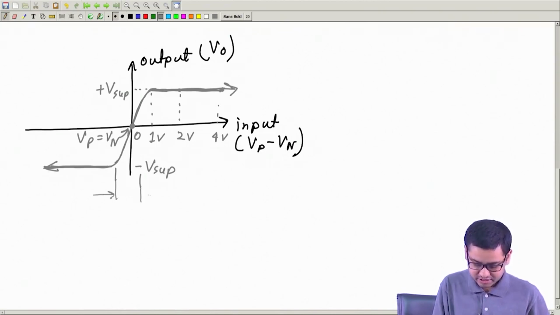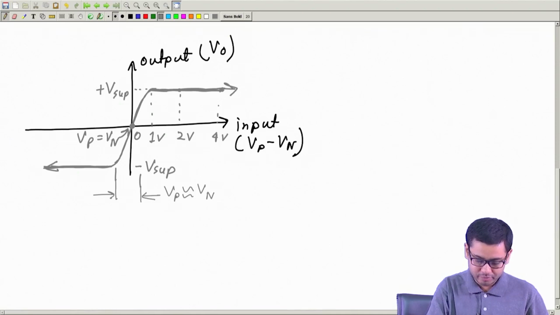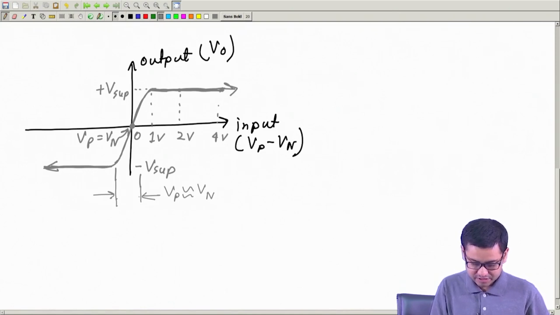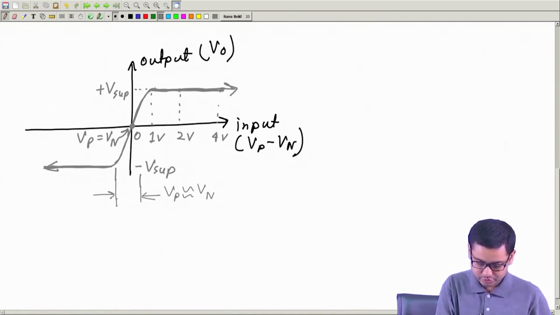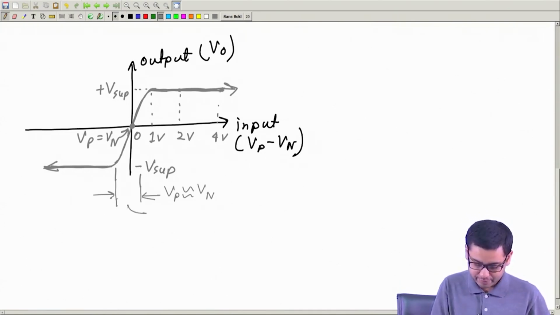Here where VP is approximately equal to VN, the output changes gradually from minus to plus value. This gap, where the output goes from negative to positive, is called the resolution of an op-amp. So this gap is called the resolution.